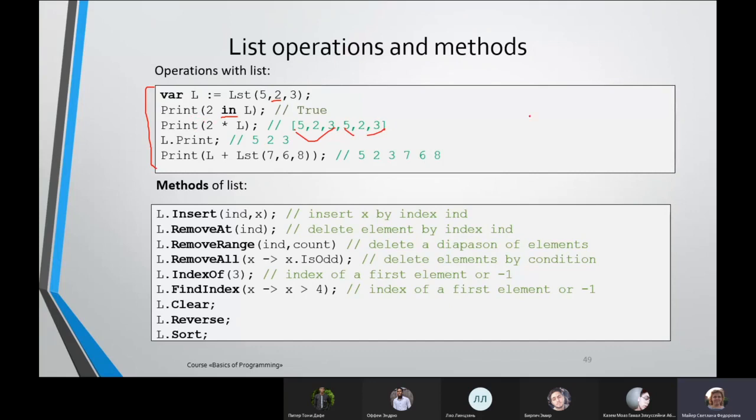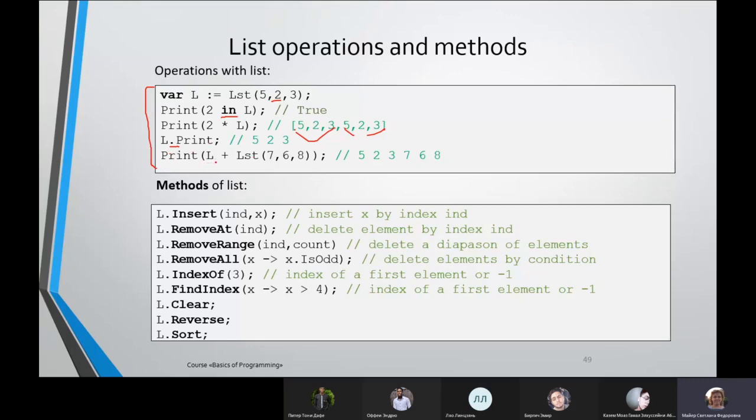If we have 3 here, we will have another 5, 2, 3. The same as we can do with, for example, slices, and we can use dot notation to print them out, as we can do with array elements also.